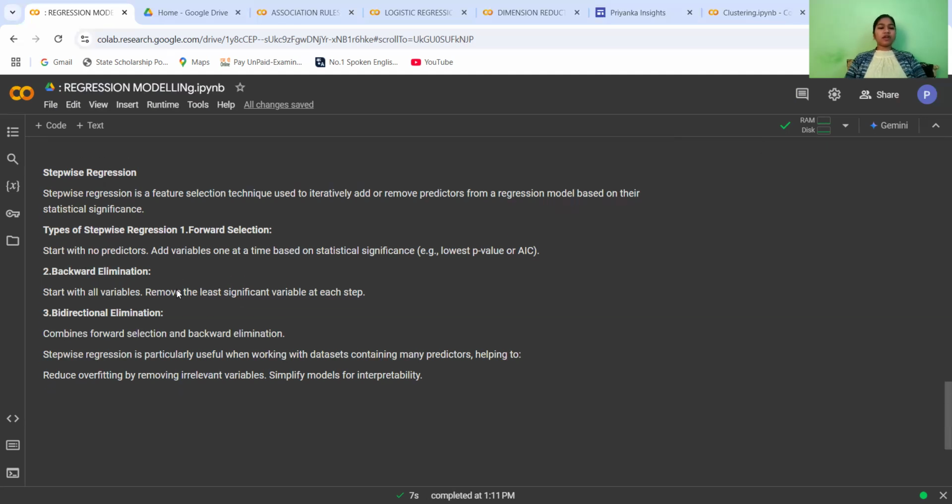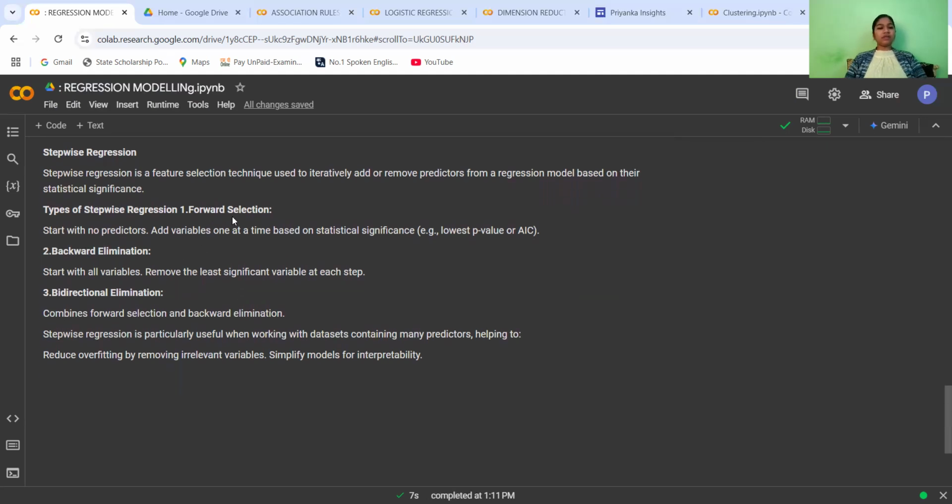Types of stepwise regression. Forward selection: start with no predictors. Add variables one at a time based on statistical significance, for example, lowest p-value or AIC. Backward elimination: start with all variables, remove the least significant variable at each step.